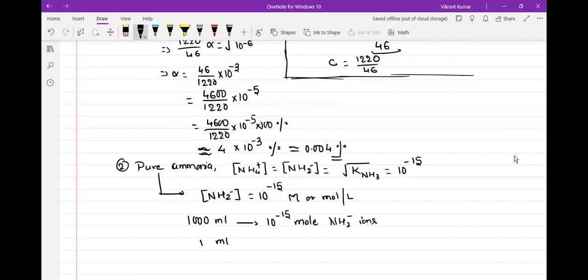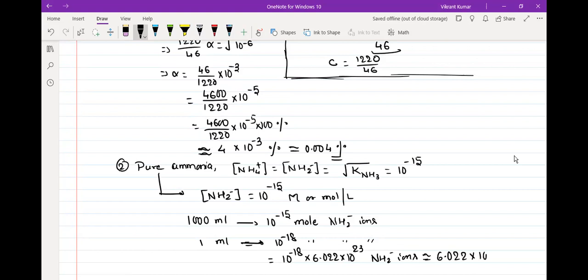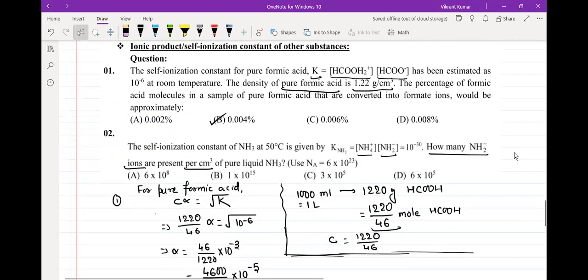That means 1 ml will have 10 raised to minus 18 mole NH2 minus ion. So how many ions are there? So this much into Avogadro number we need to write. Hai na? So these many NH2 minus ions, mole हट जाएगा. So these many NH2 minus ions, which says it should be practically 6.022 into 10 raised to 5 NH2 minus ions will be present. And that value is very close to this one, D.